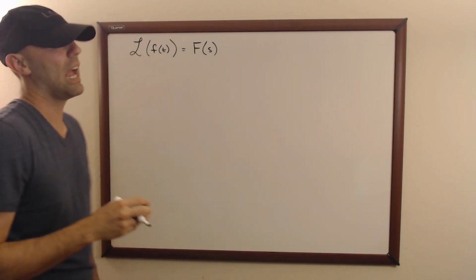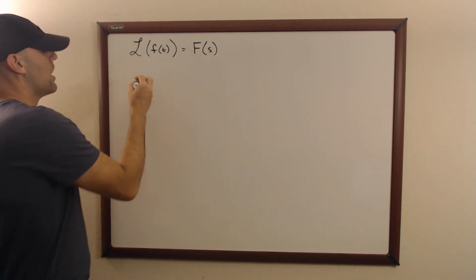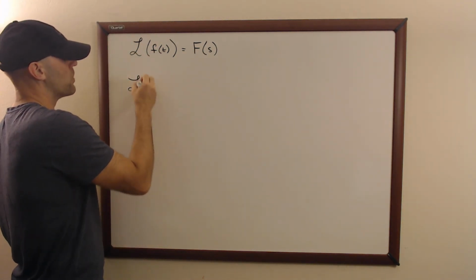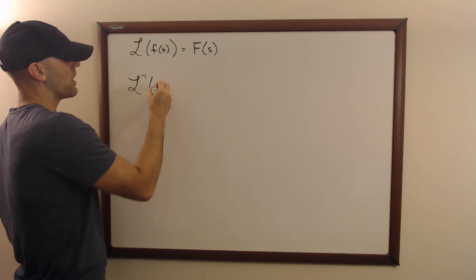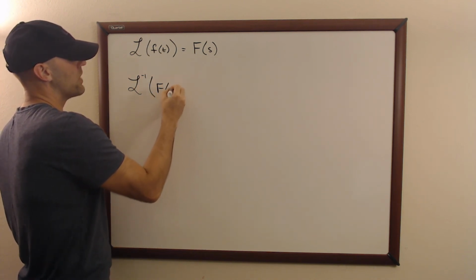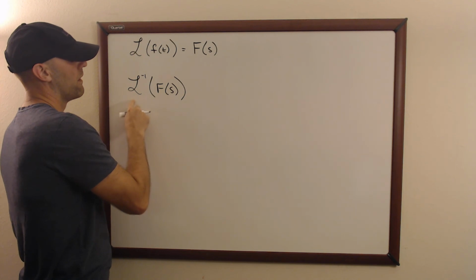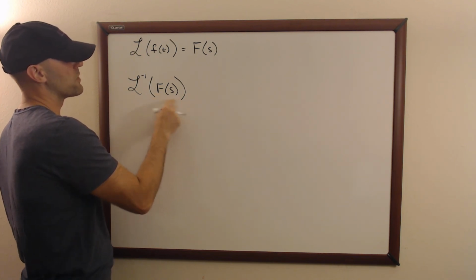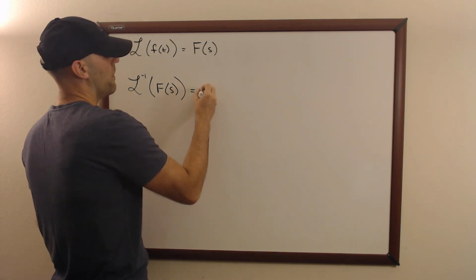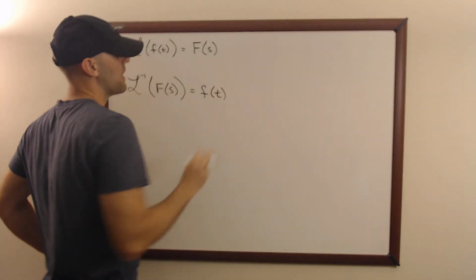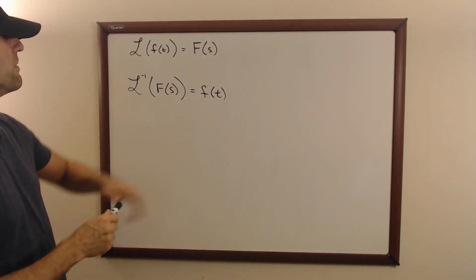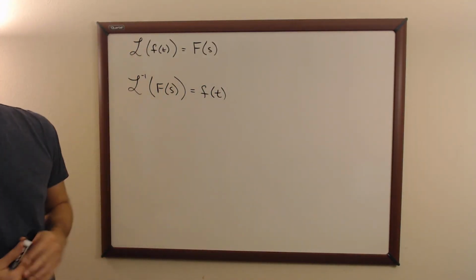And so the inverse for this, the way we define it somewhat canonically, is that I say the inverse Laplace transform of this function is equal to f of t if and only if this is the function that got me here, right?